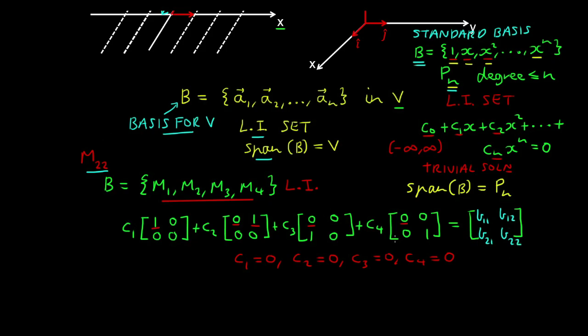So now this equation has a solution where c1 is equal to b11, c2 is equal to b12, c3 is equal to b21 and c4 is equal to b22. So given these entries are arbitrary, then B spans its vector space of 2 by 2 matrices.